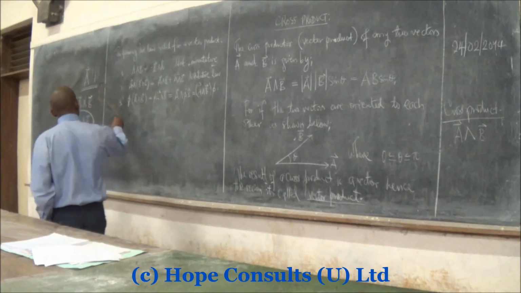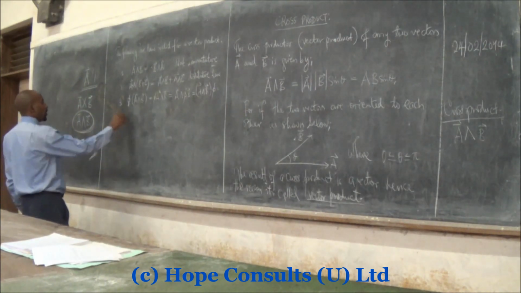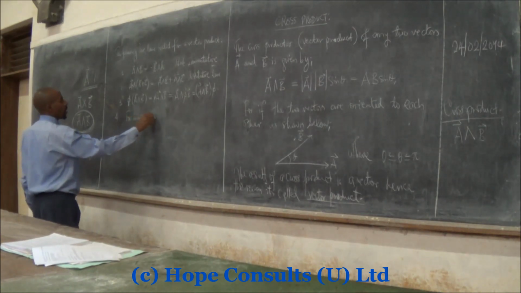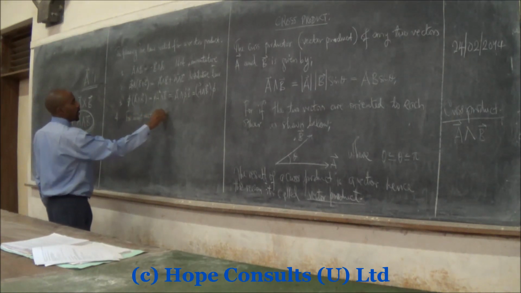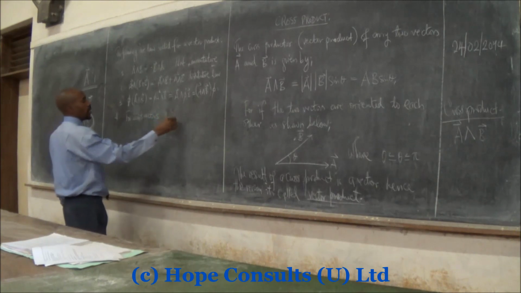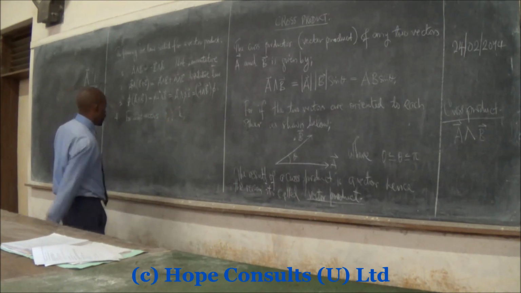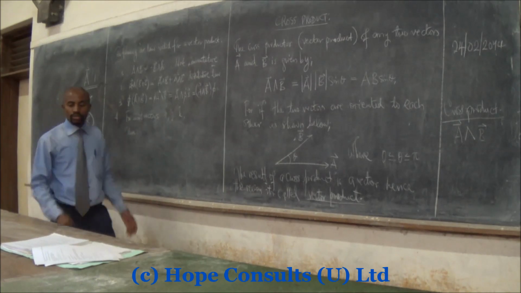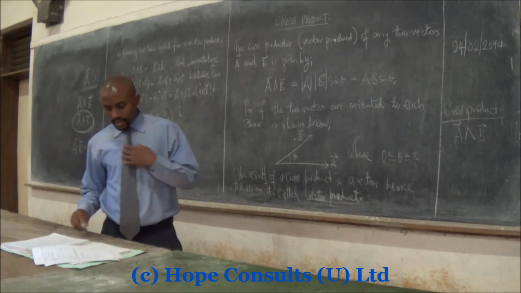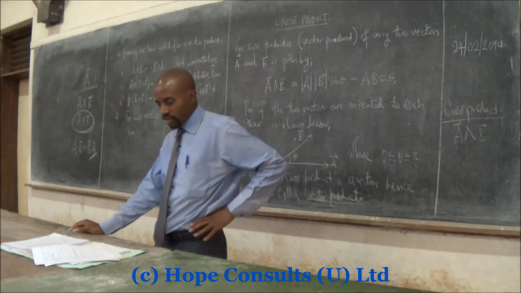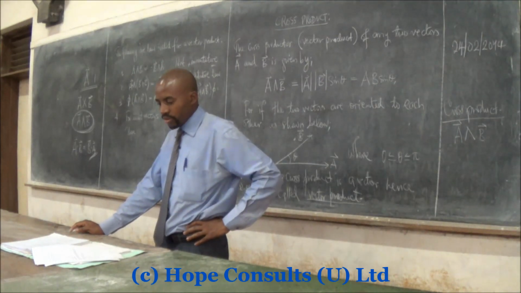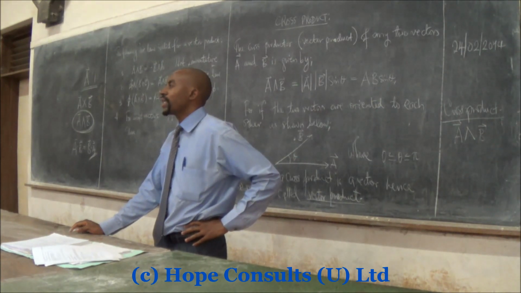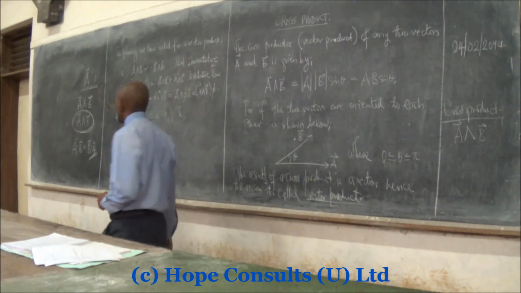Four, if we consider the unit vectors I, J, K, then if we cross the same two vectors, I cross I, J cross J, K cross K, the angle between them is 0, and the sine of 0 is 0.